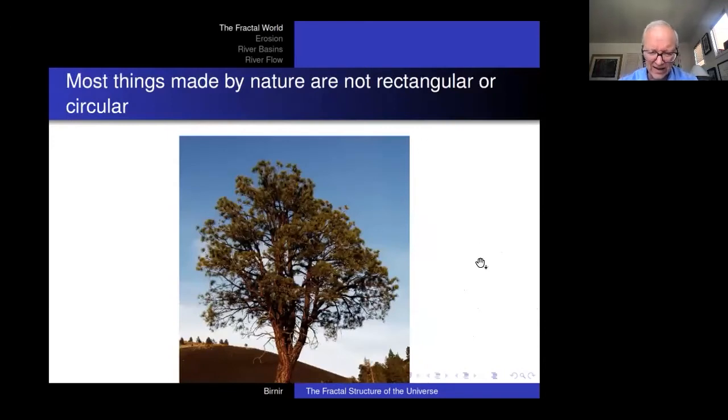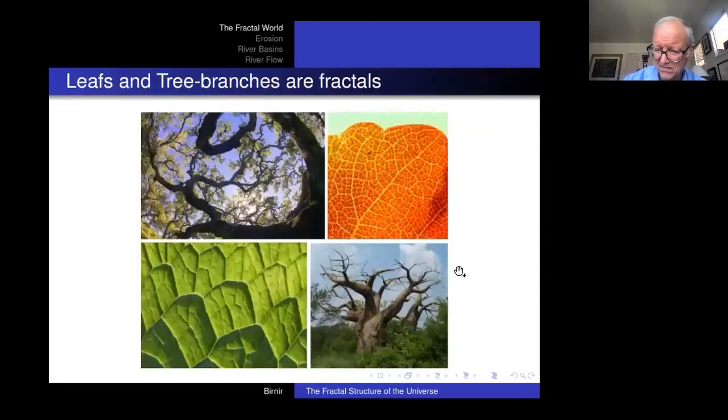Here, on the other hand, is something that looks more like a fractal, and that's a tree. You know, the bark has a fractal structure. The trunk and the branches are fractals, and the leaves on the branches are also fractals.